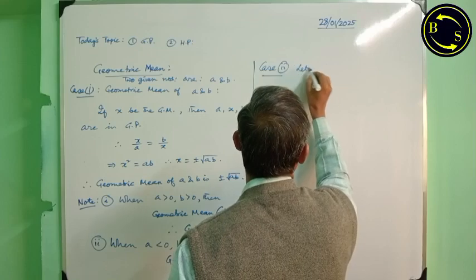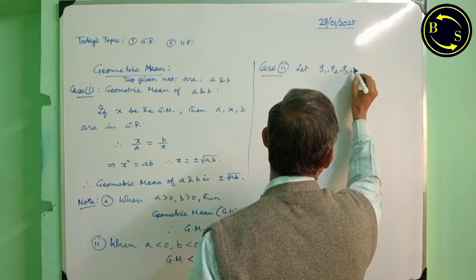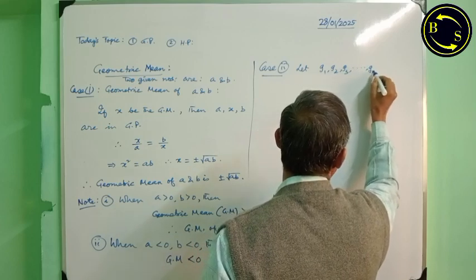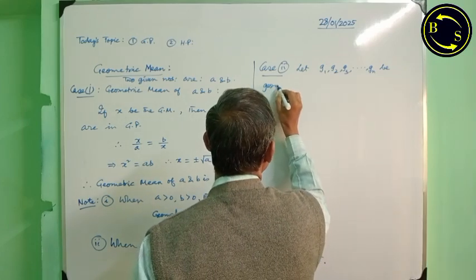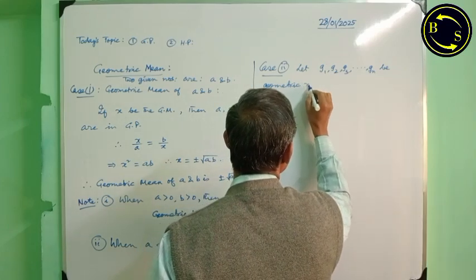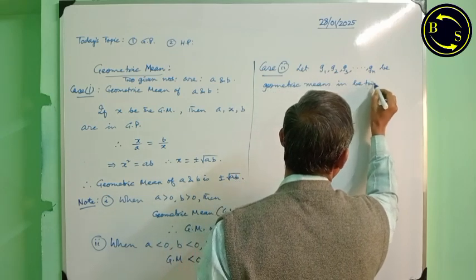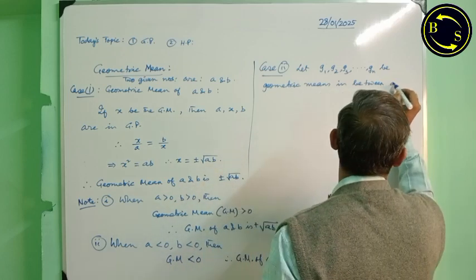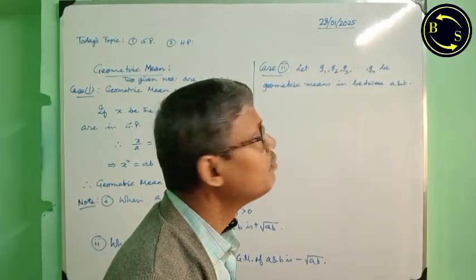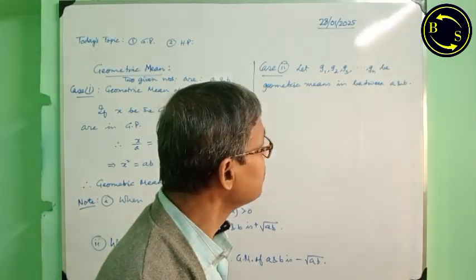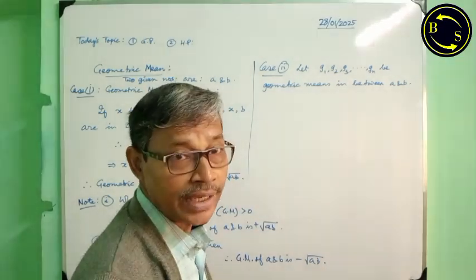Let G1, G2, G3, Gn be geometric means in between A and B. Two or more than two means, we denote those means as G1, G2, G3, Gn.